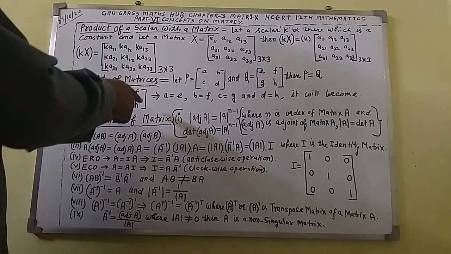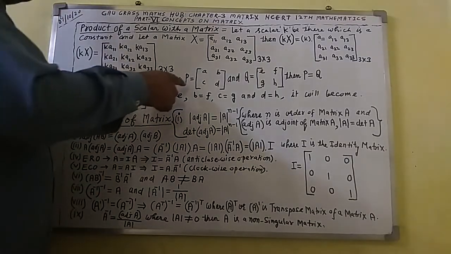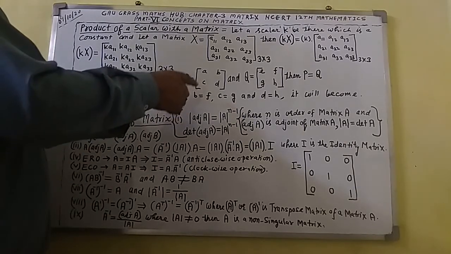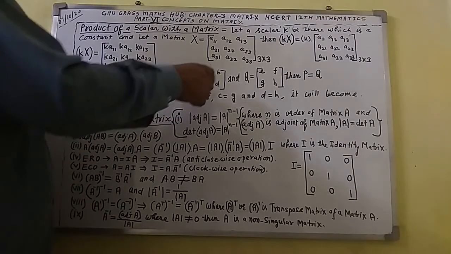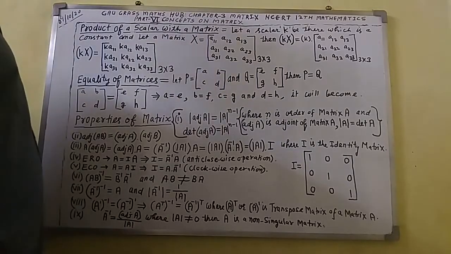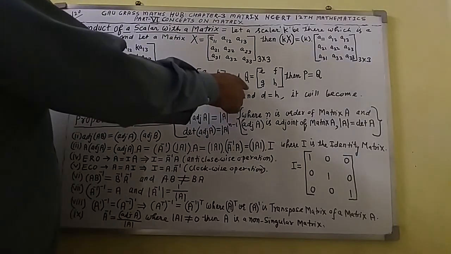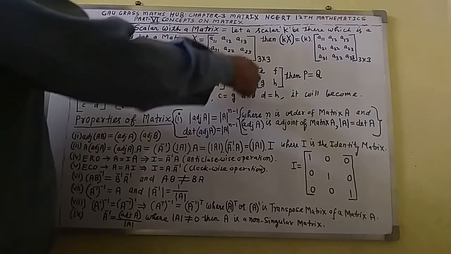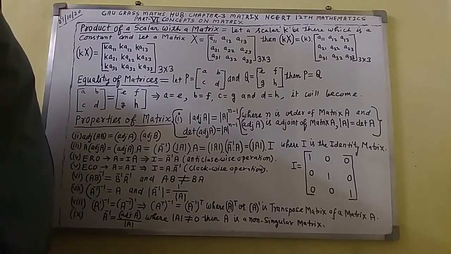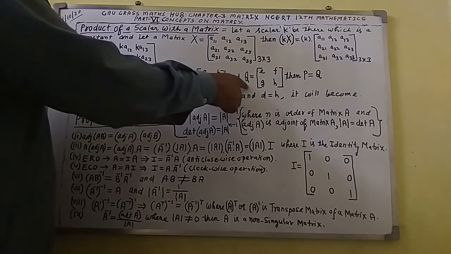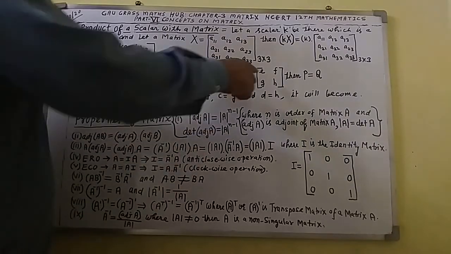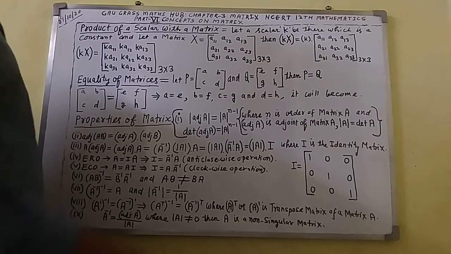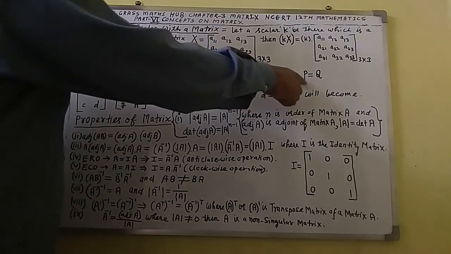Let matrix P be equal to, in square brackets, the elements A, B, C, D, and matrix Q equal to, in square brackets, the elements E, F, G, H. Then P equal to Q.